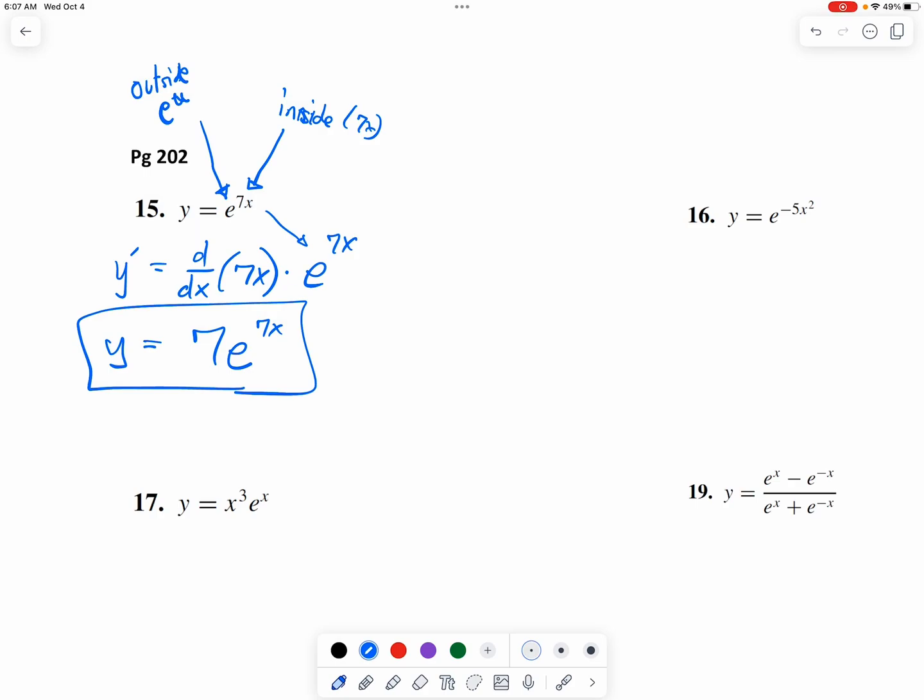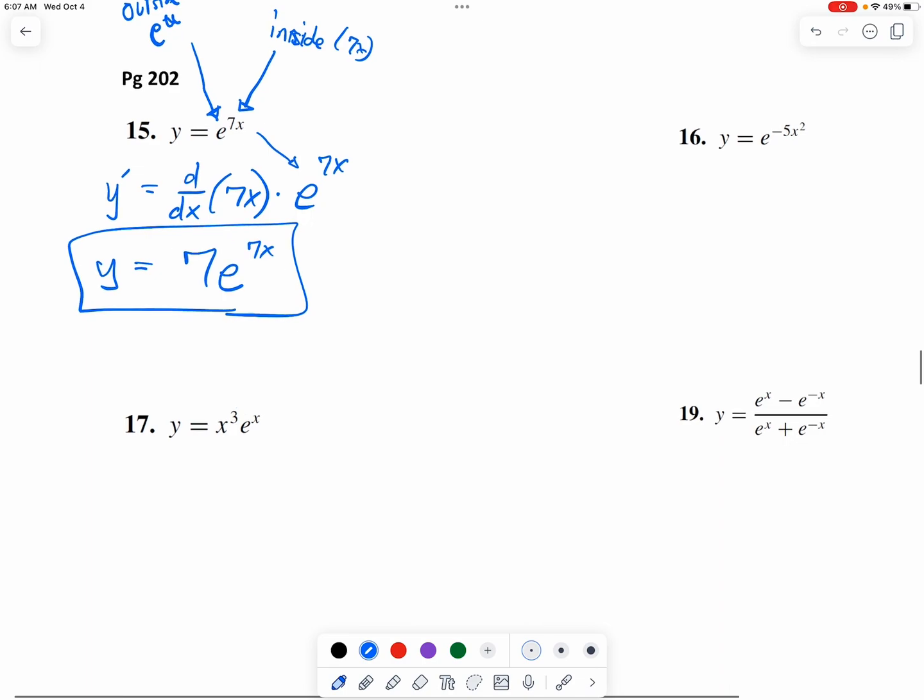How about one more? Let's do this number 17. This is x cubed times e to the x. As I see that, oh man, that's a product. X cubed and e to the x.